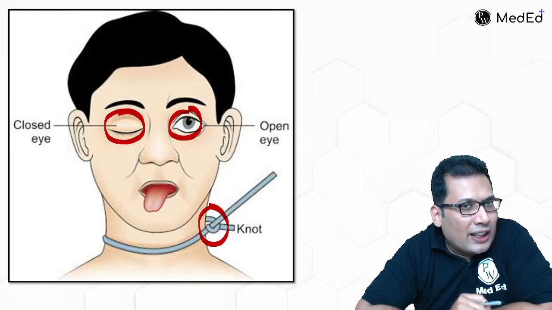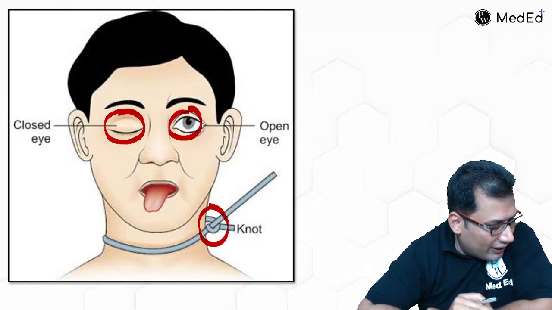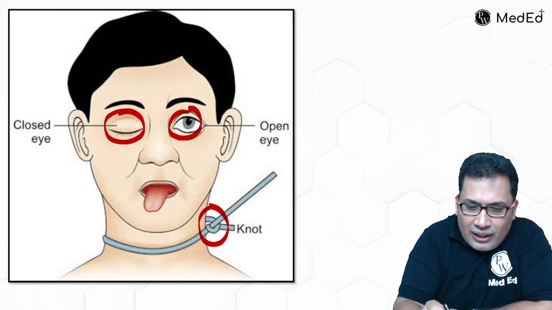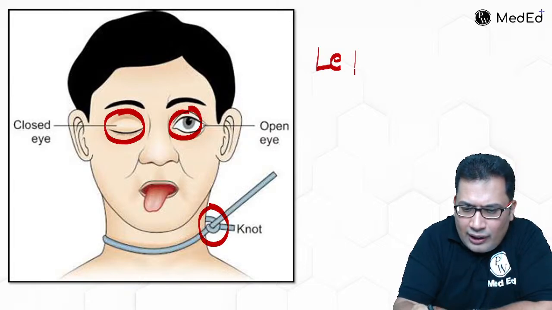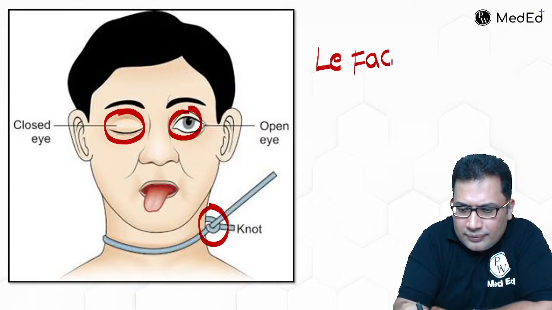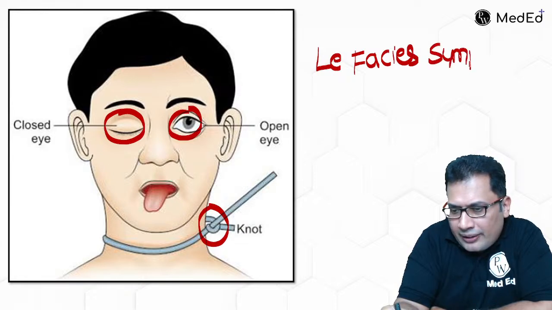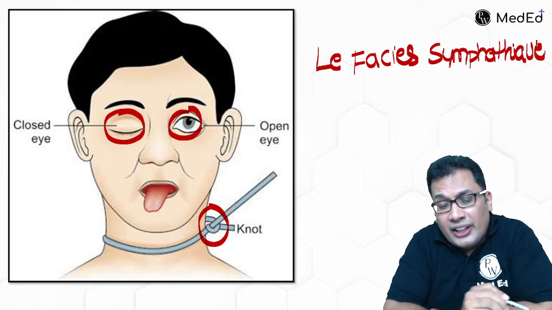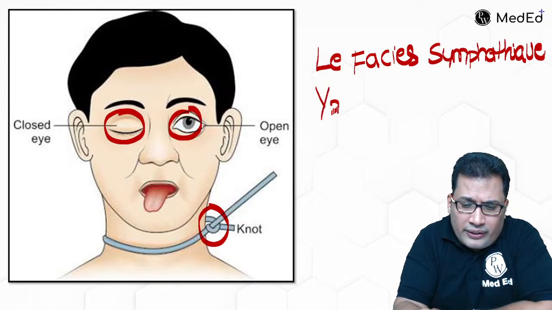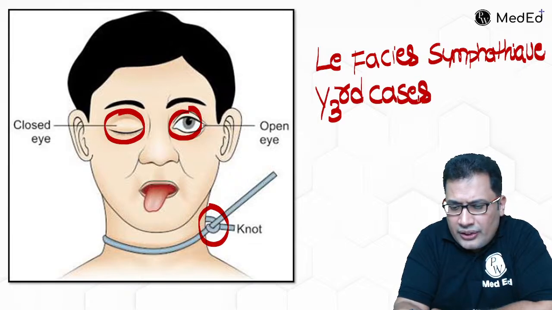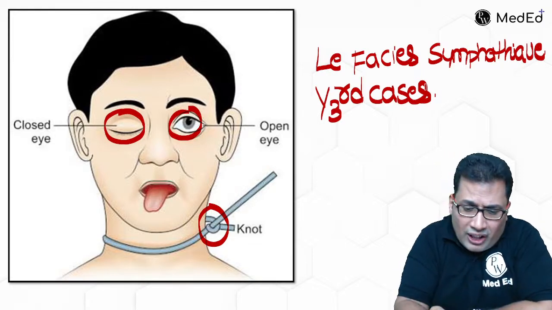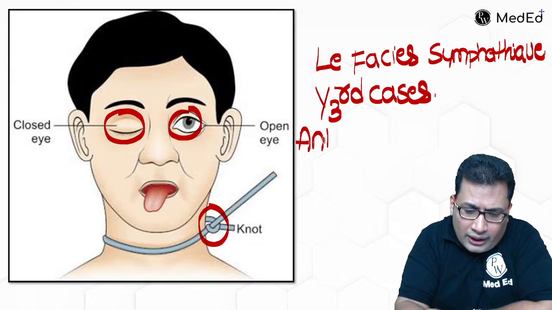What is this finding? Yes, Sumana answered. Sir, this is known as Lay faces sympathetic. It is seen in 1/3 of the cases. It is a feature of antemortem hanging.